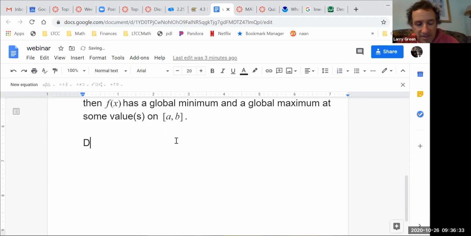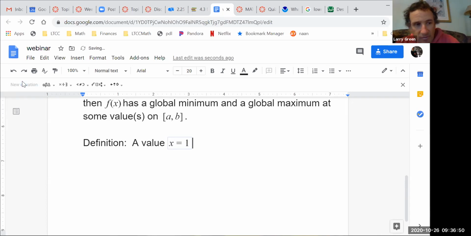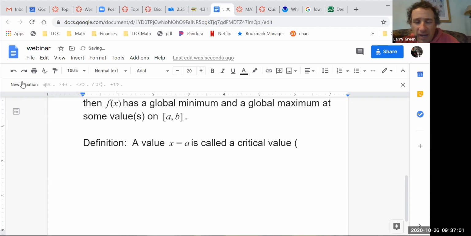So definition. And that is a value, let's say x equals a, is called a critical value. Sometimes called a critical point. I don't like that word much, but I'll put it in there because it's really the value, not the point.